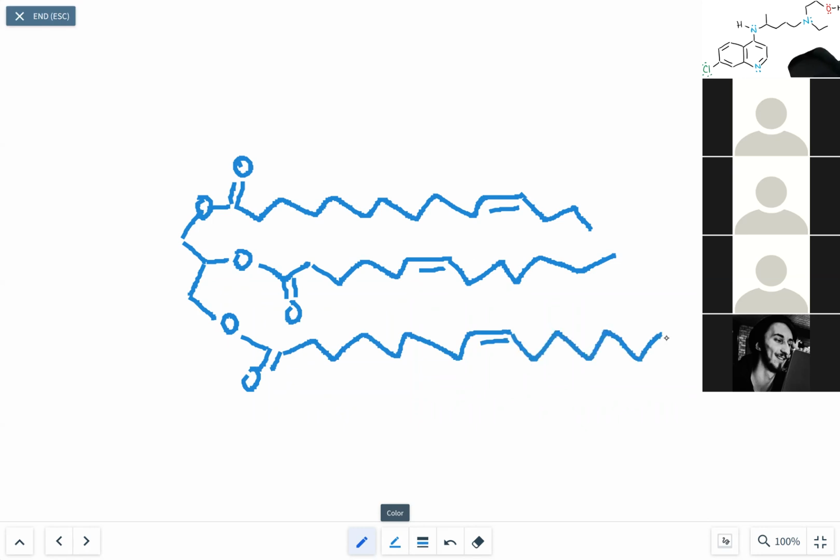You take some oils from different plants or animals, triglycerides, and they've basically got a glycerine fragment way over here. There are some ester functional groups, and there are straight chains, and there are usually double bonds in them.